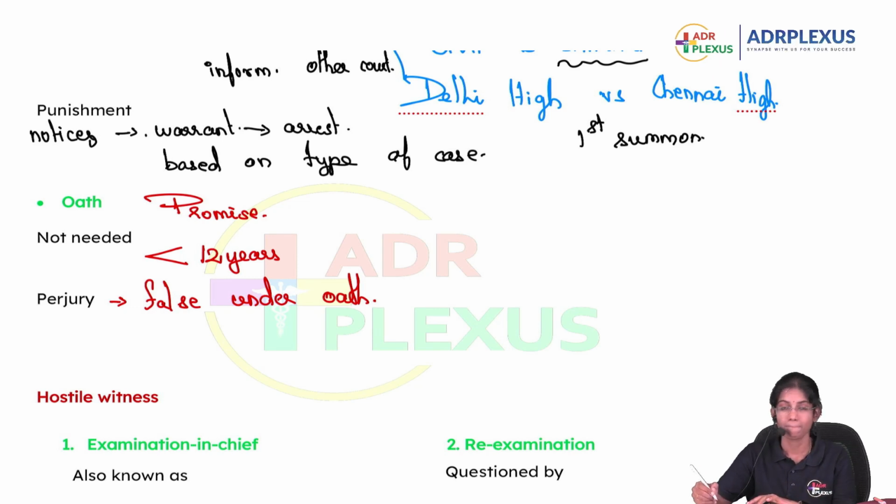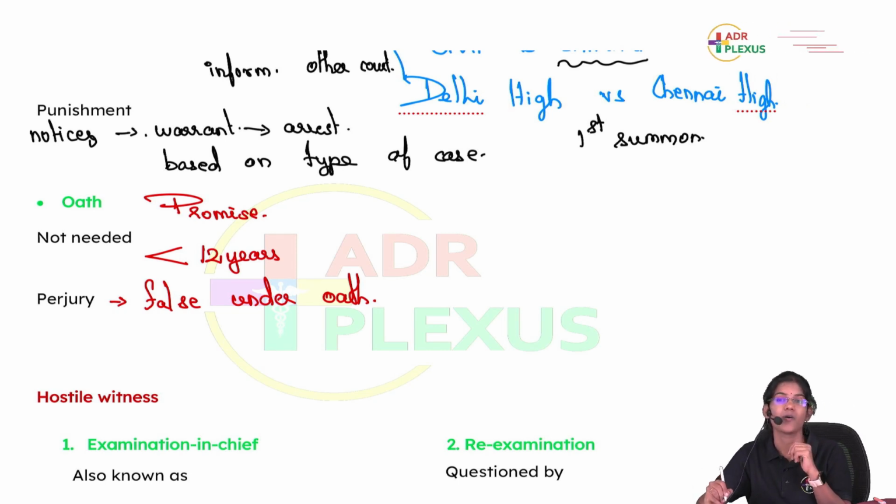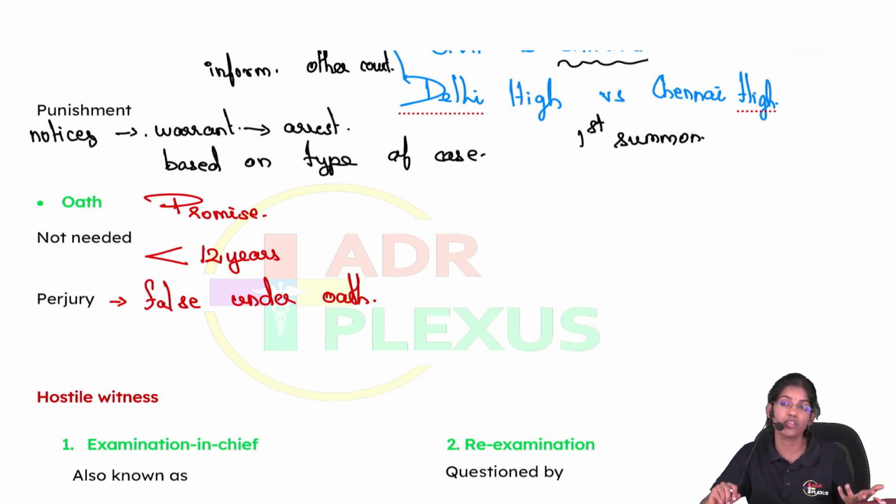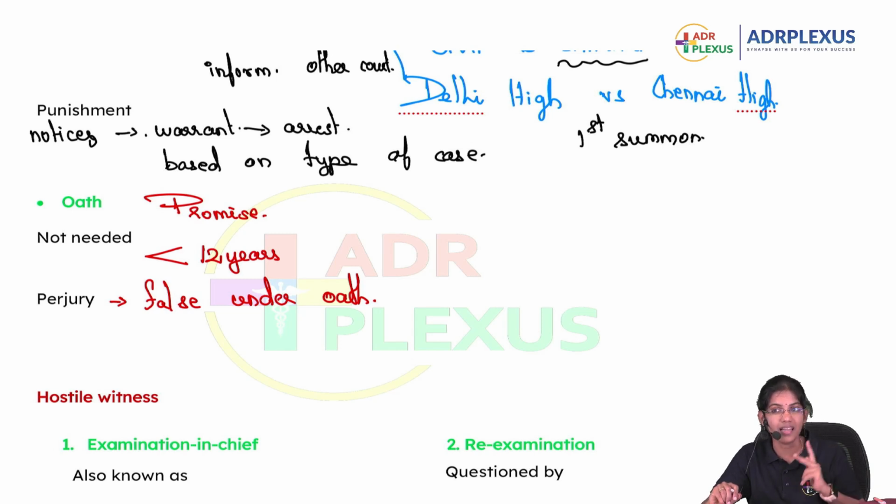Now, perjury can be of two types. One is lying under oath with the intention to hide something, or lying under oath without knowing what they are telling itself. When the person lies under oath with the intention to hide something, then it becomes punishable.